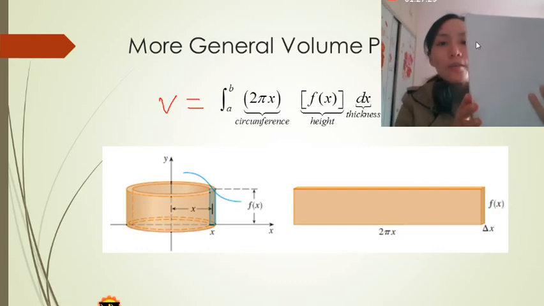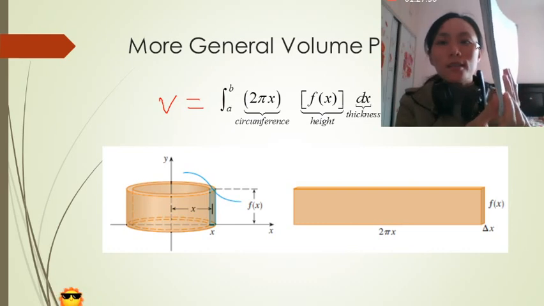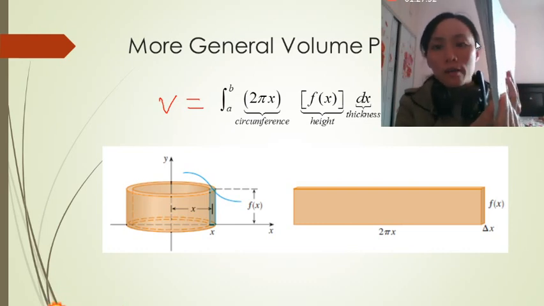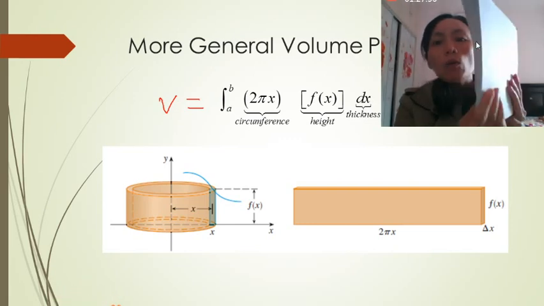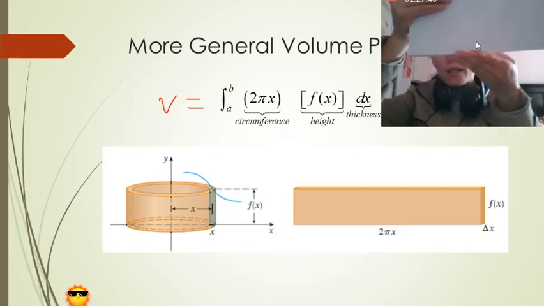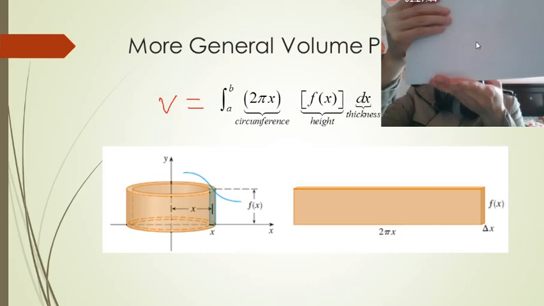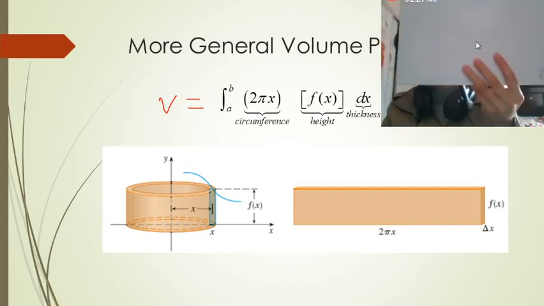And then this thickness, how can we get this thickness? This is our delta r or delta x, right? When we form the circumference as 2 pi x, we know that we can express the radius as x, or xi bar.